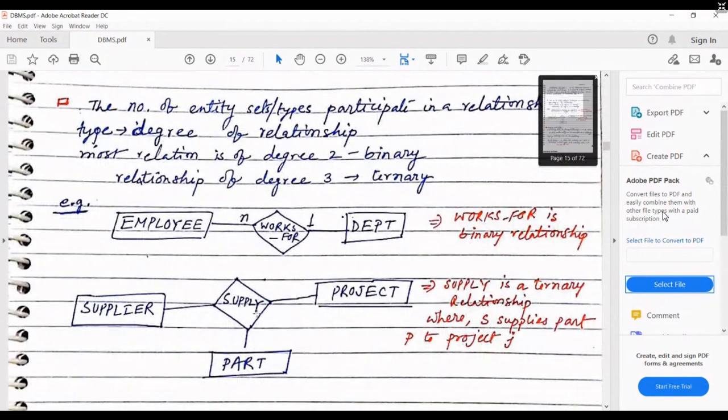And for ternary, supplier supplies part to the projects. So here supply is a ternary relationship where supplier S supplies part P to the project J. Okay, so that is the degree of relationship, that is the number of entities that participate in a relationship.